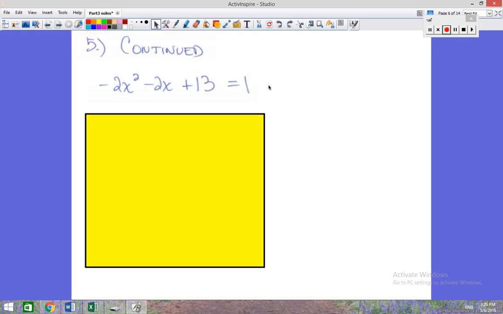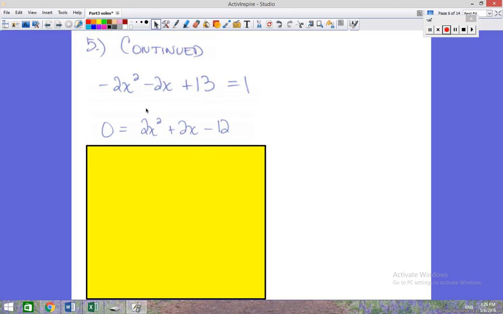I'm going to add a 2x. I'm going to subtract 13. When I do that, whenever a term changes side of an equation, it changes sign. This was on the left. Now it's on the right of the equality. On the left it was negative, and on the right it's positive. And here, when I subtracted 13 from each side, 1 minus 13 gave me a negative 12.